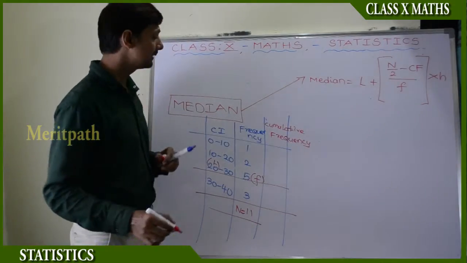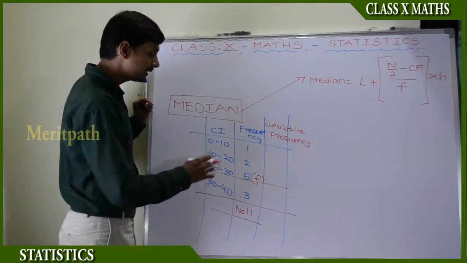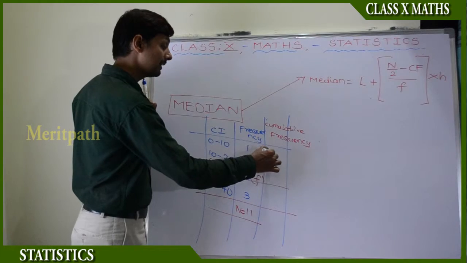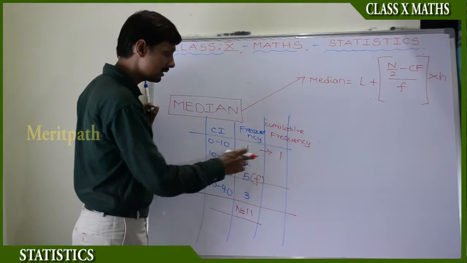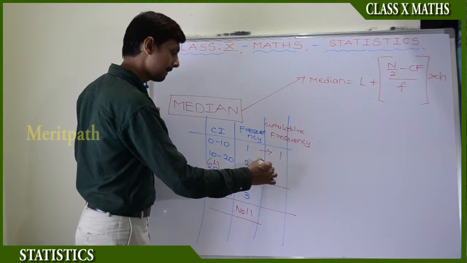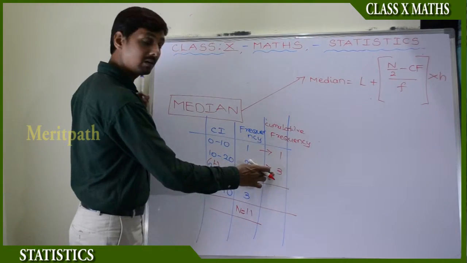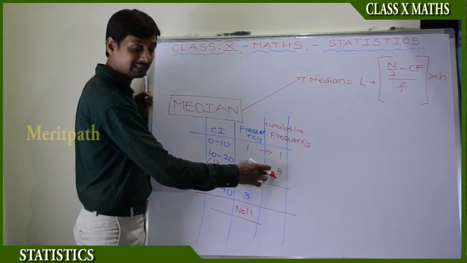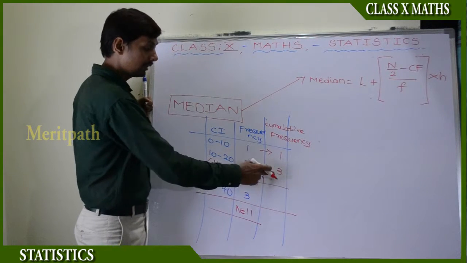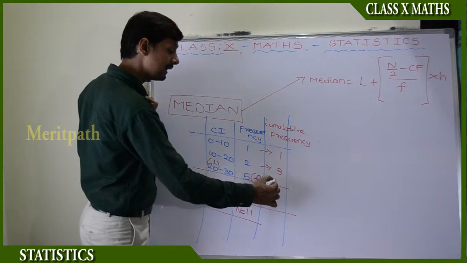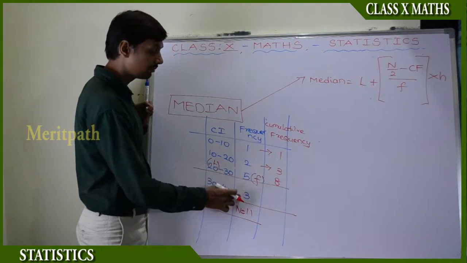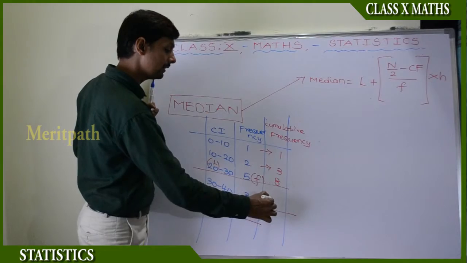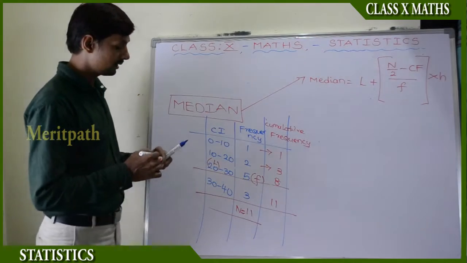For the cumulative frequency, the frequency 1 stays the same, and the next number is added to 1: 1 plus 2 is 3. The resultant is added to the next number: 3 plus 5 is 8, and the resultant is added to the next number: 8 plus 3 is 11.